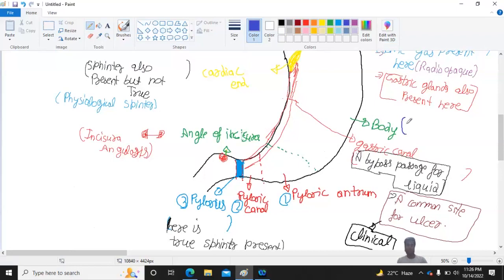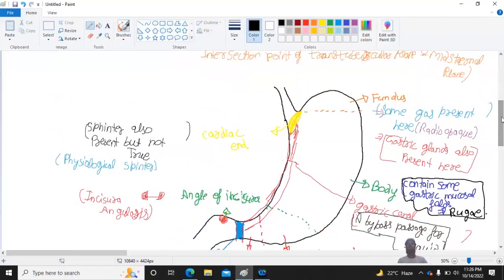Body mucosal folds contain some gastric mucosal folds called rugae, which is important. Rugae.